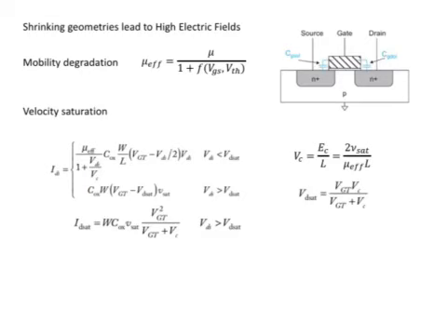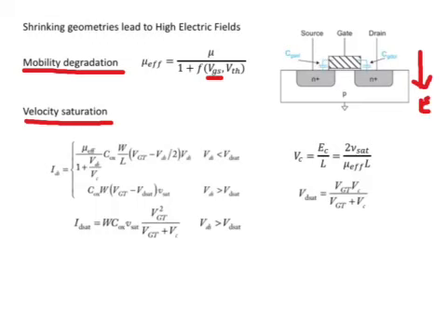Now these effects are termed mobility degradation and velocity saturation. Mobility degradation arises from the perpendicular electric field that is generated by VGS.